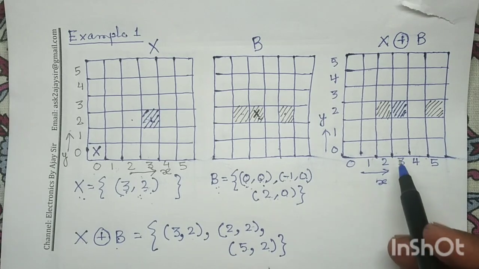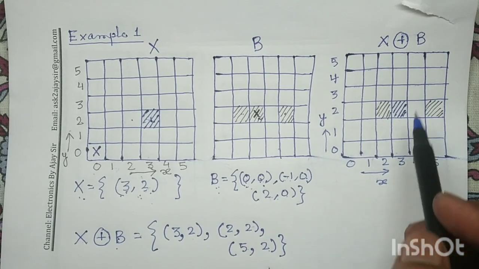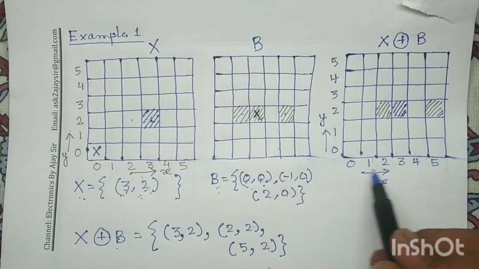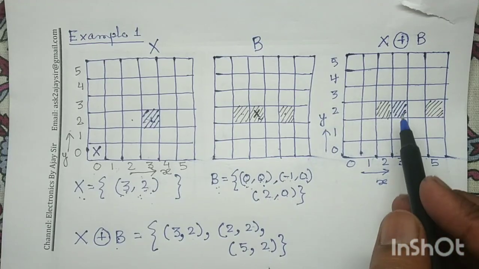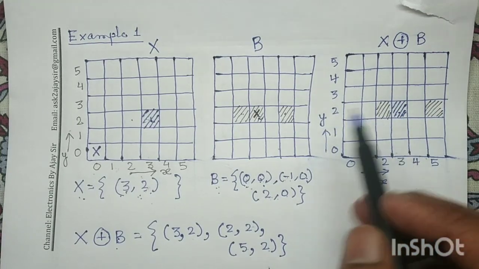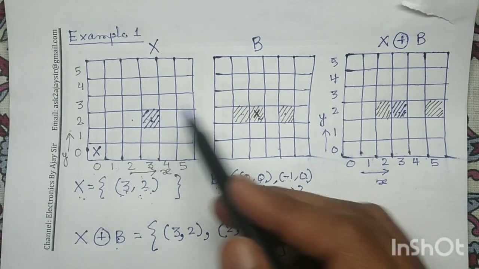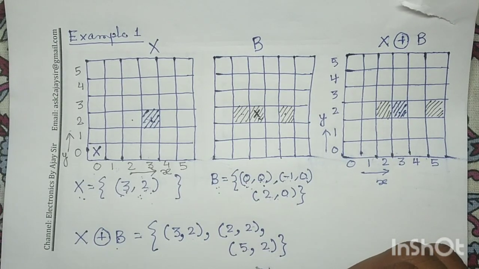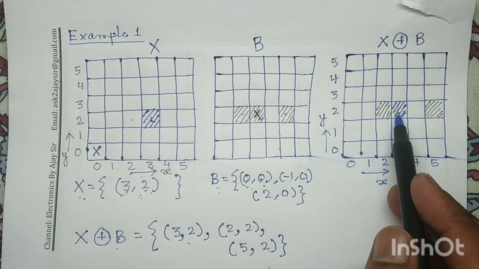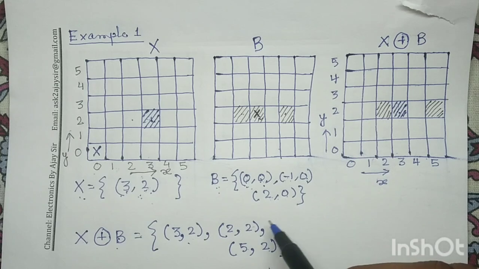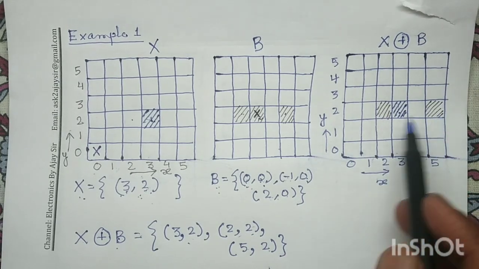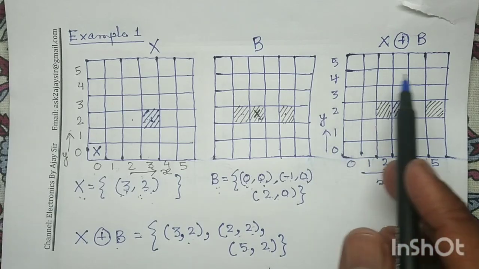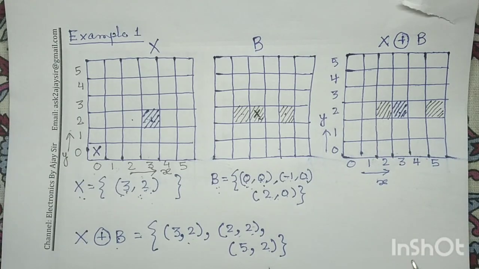In order to draw the output image, first I mark the object pixel which was present in the input image x. Then I will mark the result of this dilation operation: 3, 2 which we have already marked, 2, 2 is this pixel and 5, 2 represents this pixel. So this is the result of x dilation with b.